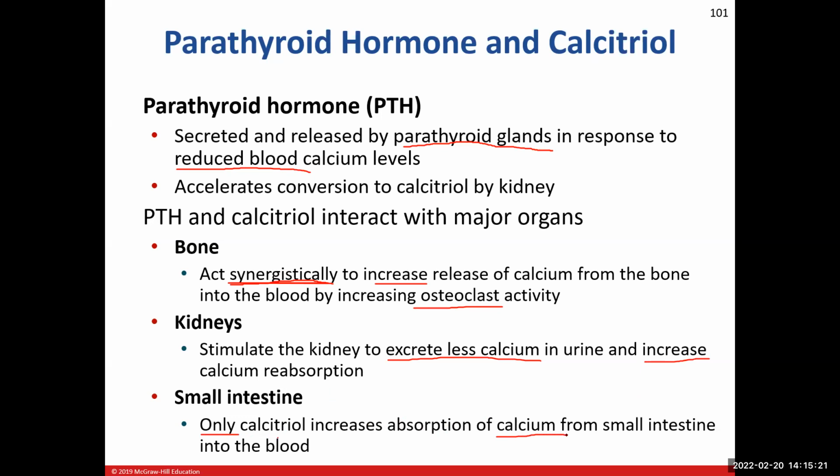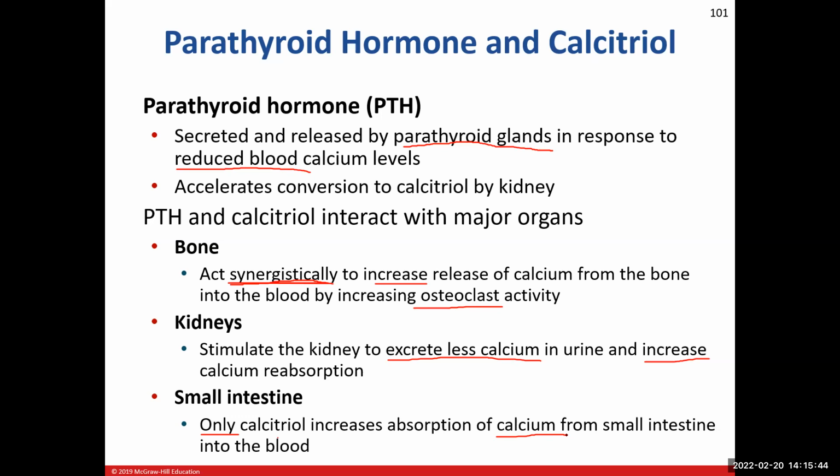So in bone, they both act synergistically with one another to increase osteoclast activity. And increasing osteoclast activity increases calcium release from the bone, increasing blood calcium levels. In the kidneys, we are going to see PTH and calcitriol stimulate the kidneys to get rid of less calcium.